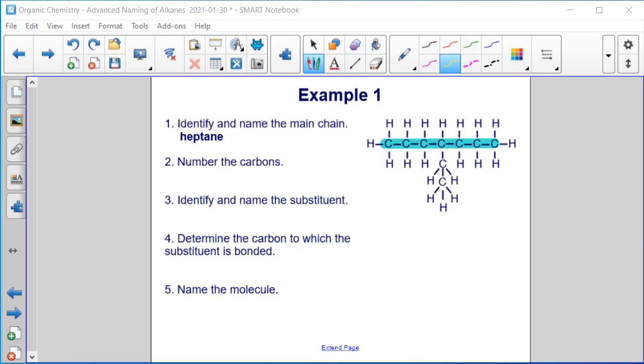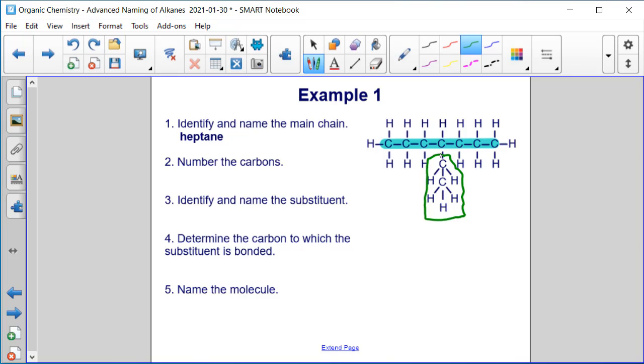All right, the next step is to number the carbons. Now, we can number either from the left to the right, 1, 2, 3, 4, 5, 6, 7, or from right to left, 1, 2, 3, 4, 5, 6, 7. The way we decide is this is a substituted group, right? Because if this was just heptane, there'd be a hydrogen here, but we're substituting here.